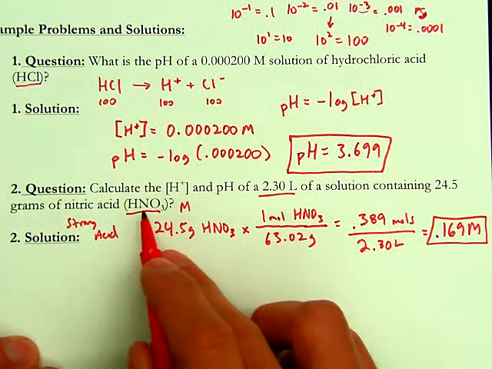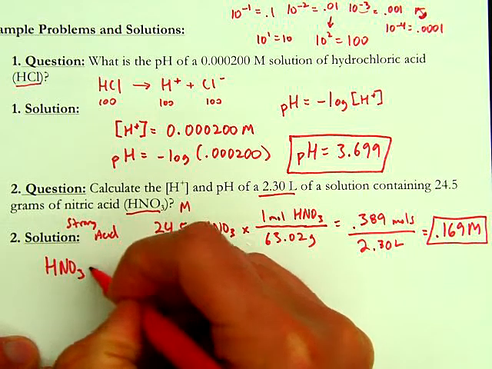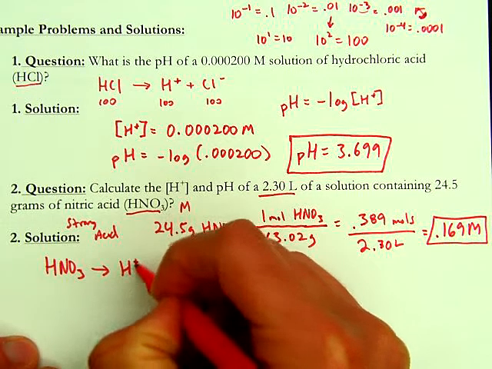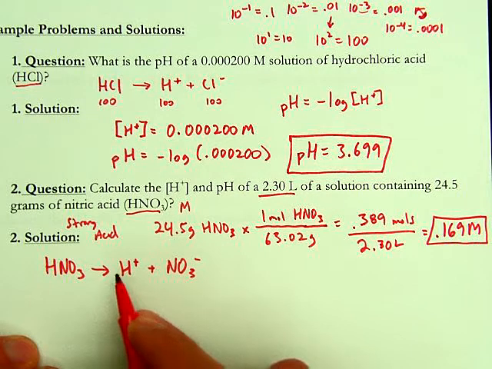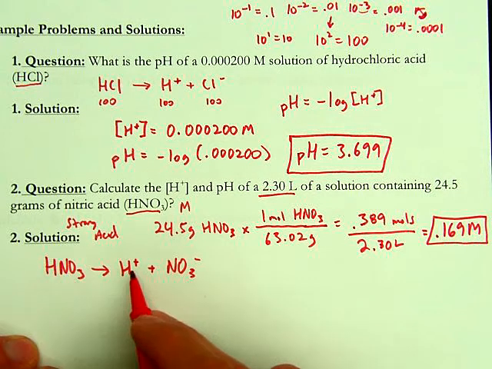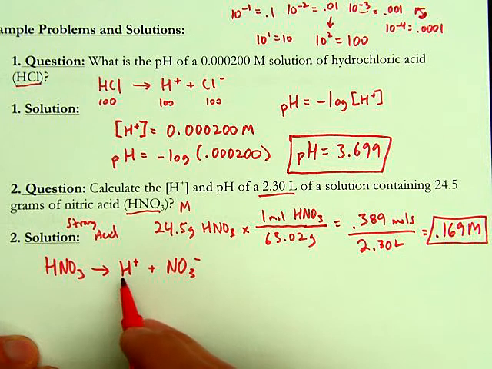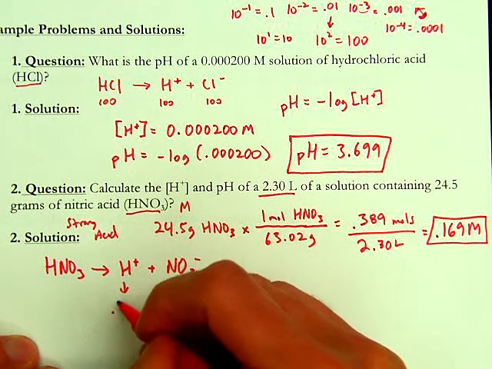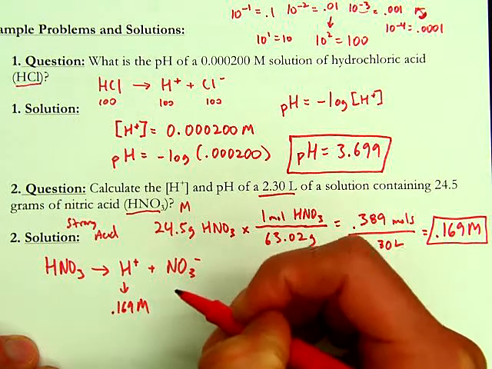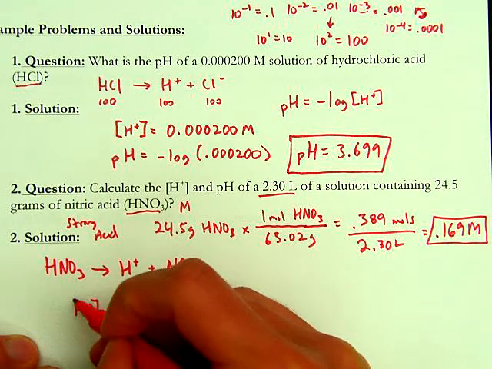Because every one of these, every HNO3 is going to turn into a hydrogen ion and a nitrate ion in solution. Every single one of these is going to go to one of these. Whatever the starting molarity of this is will be the ending molarity of this. So the molarity of this is 0.169 molarity. So that equals our hydrogen ion concentration.